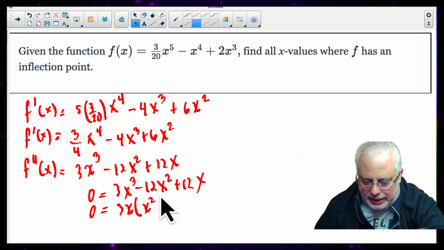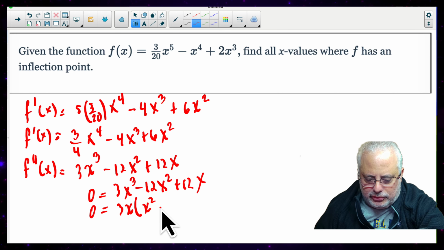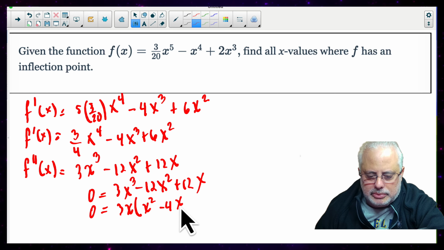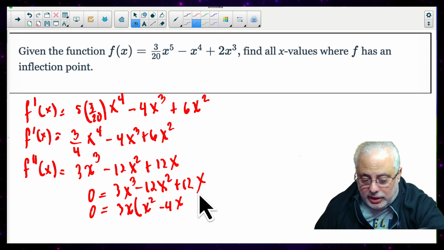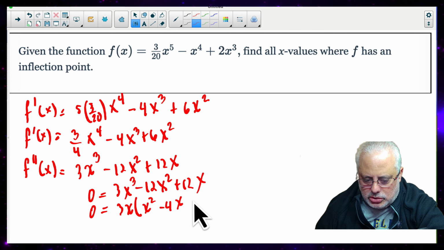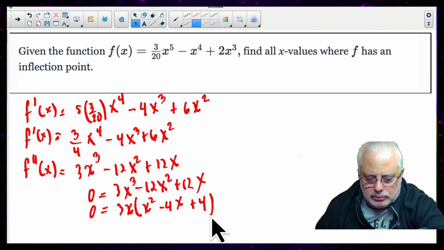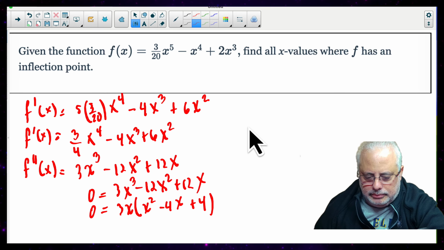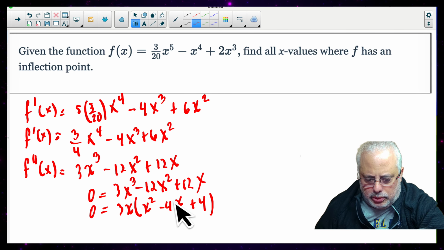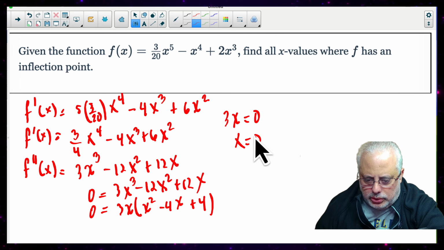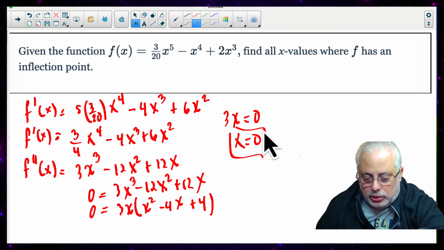Negative 12x squared divided by 3x is negative 4x. And 12x divided by 3x is just 4. Okay, so this is very simple. Because these two factors multiply to equal 0, we have 3x equals 0, x equals 0. It's a possible inflection point.